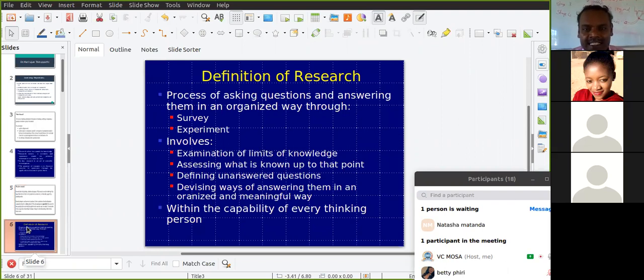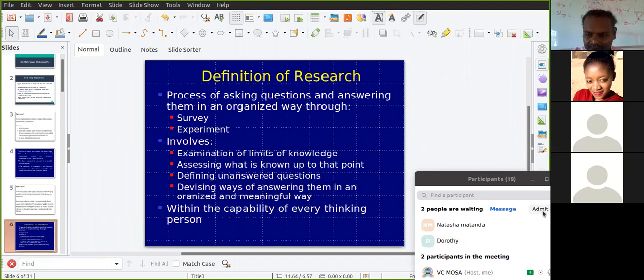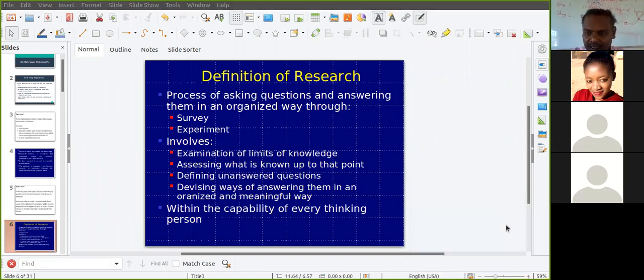There are definitions I mentioned in your detailed notes, given by me earlier. Here I am quoting one particular definition of research.